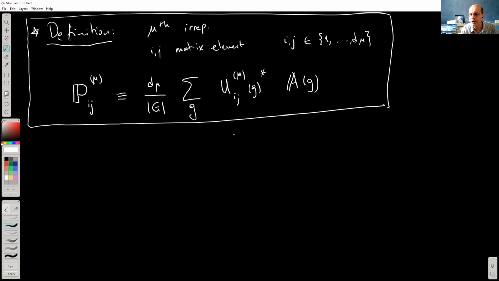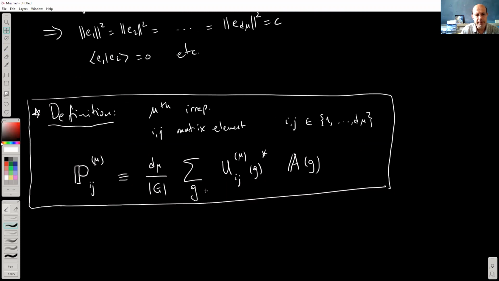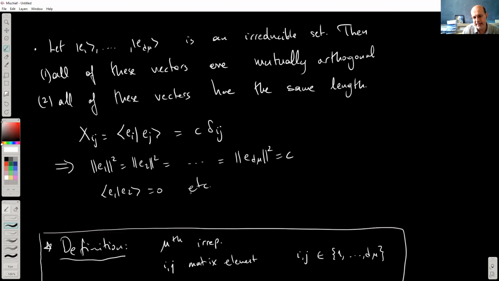When mu is equal to nu, is it that F is the same as E? No, it doesn't have to be. If I have two different sets transforming like the same irreducible representation, I still have the same property. In general, it's like that. But here I applied this result for the case where these two irreducible sets are the same.